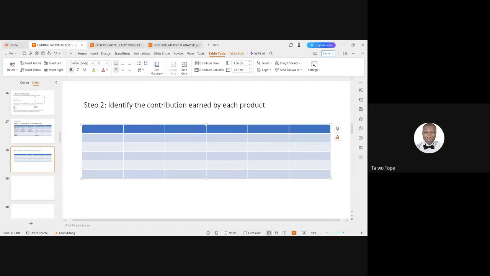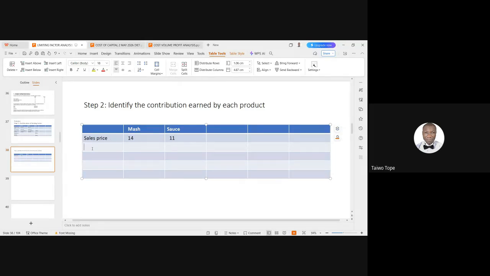We have two products, mesh and sauce. The sales price for mesh is 14. For sauce it is 11.